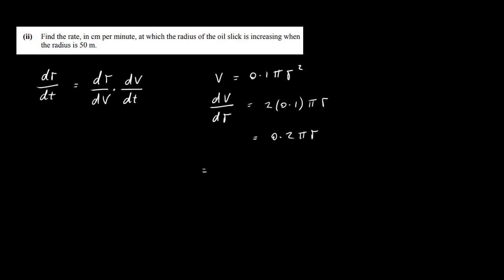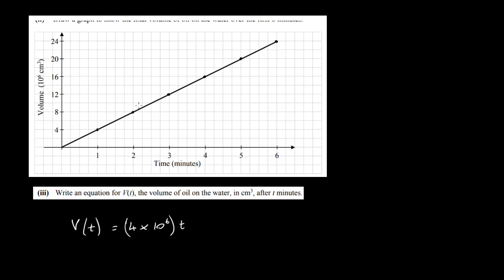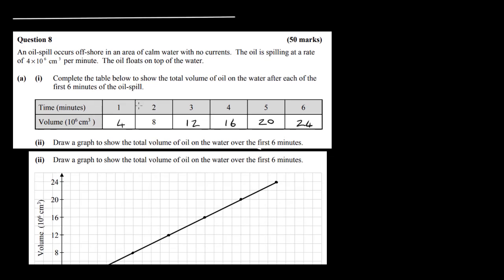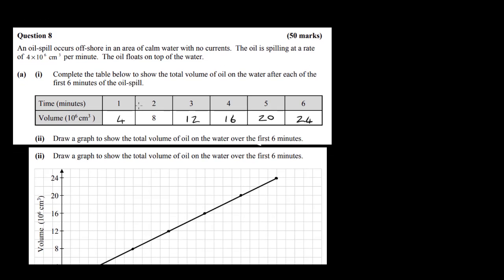So that just means then that dr dv, I've inverted this fraction here, so I'm just going to invert this over here as well. Remember, this is over 1, so I can just invert it as well. 0.2 pi r is on the bottom here. So now I have my dr dv. What I need as well is the dv dt. But if we go back to the start again, we'll see that dv dt was given in the original question here.